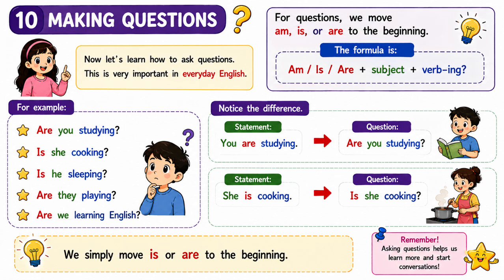The formula is am, is, are plus subject plus verb-ing. For example, are you studying? Is she cooking? Is he sleeping? Are they playing? Are we learning English?